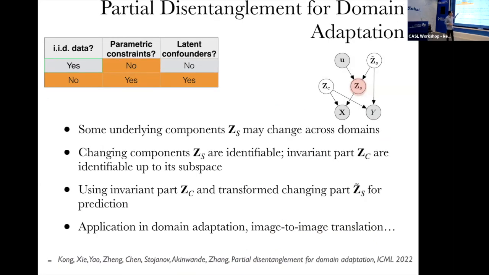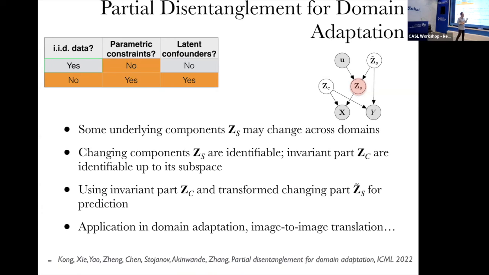Furthermore, in the previous one, we only allowed a specific type of confounder, latent confounders. And in this recent work, the message is very clear. We have non-stationary data. If you assume that the difference in the distribution is caused by the change in very few underlying components, and if you assume that the underlying components are independent, then you can immediately achieve the following.